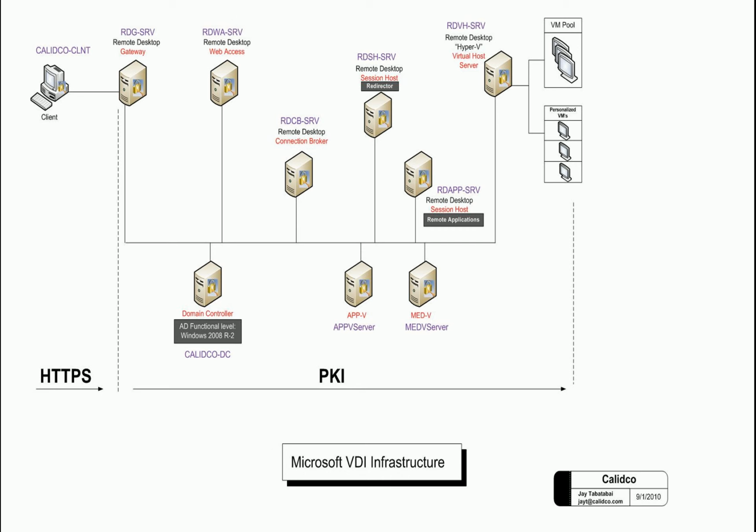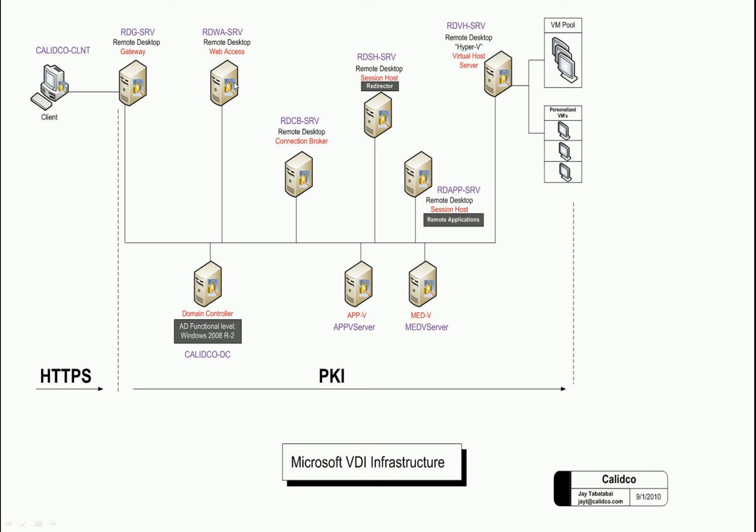The purpose of the remote desktop gateway is to define a policy of who can access the VDI infrastructure, and then a second policy of what kind of computer resources they can access. Remote desktop gateway is not a mandatory service to have present. We could actually get away without it by just having the remote desktop web access, which is the second server to the right of the gateway.